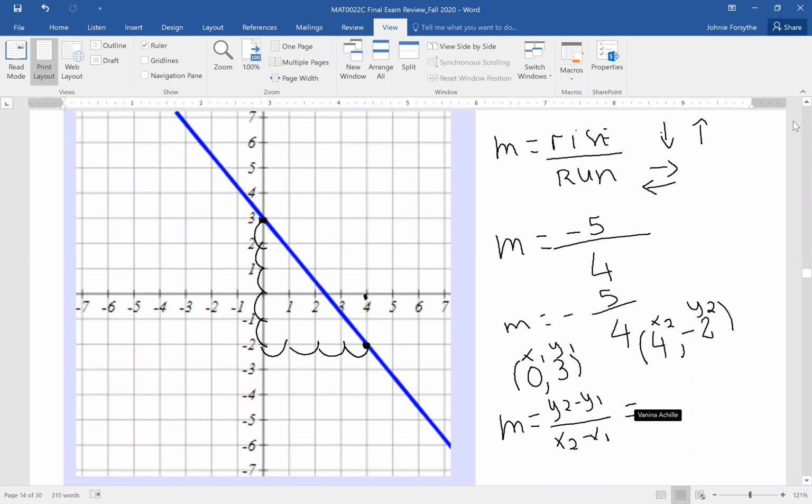So then I'll have my slope is going to be -2 for y2 minus the 3 for my y1, and then x2 is 4 minus x1 is 0. So my slope is -5 over 4. So either way, it works.